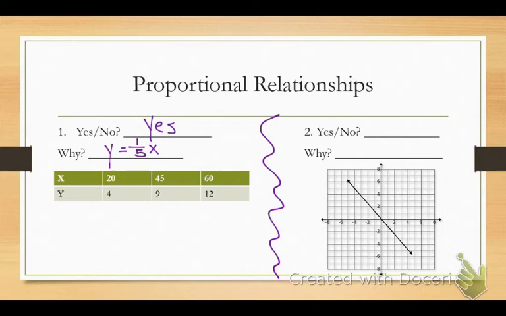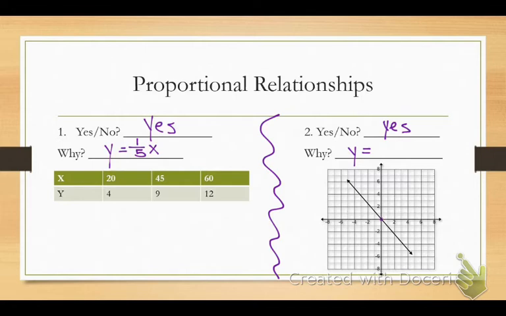Is it proportional? Yes. Why? Because it goes through the origin. But now you need the equation since it's yes. Y equals, does anybody know how to find the slope? Rise over run. You can literally go to any point.